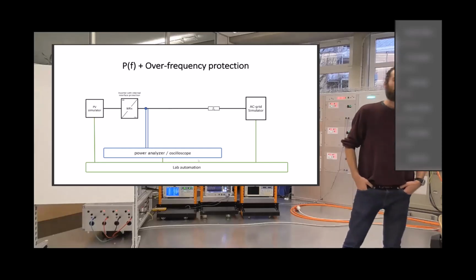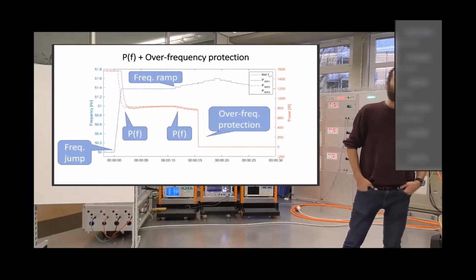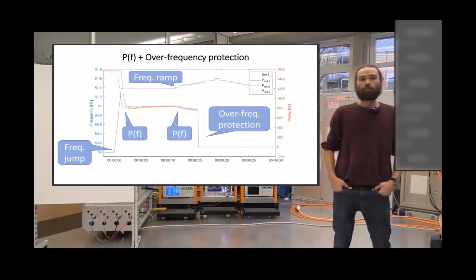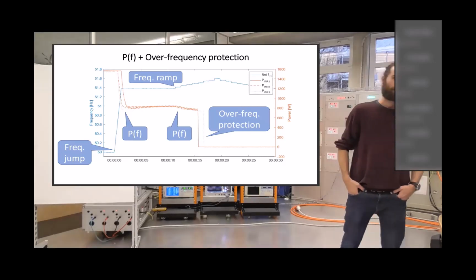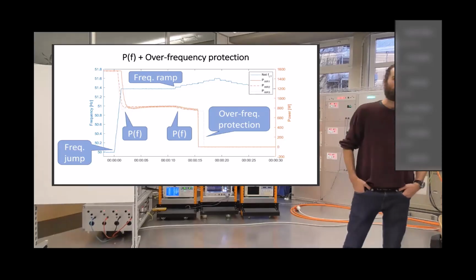Next slide. And that's how it looks like in an earlier measurement. In blue, we have this time the frequency, just jumping first to 51.4 Hertz, and then ramp slowly up until the inverter disconnected.